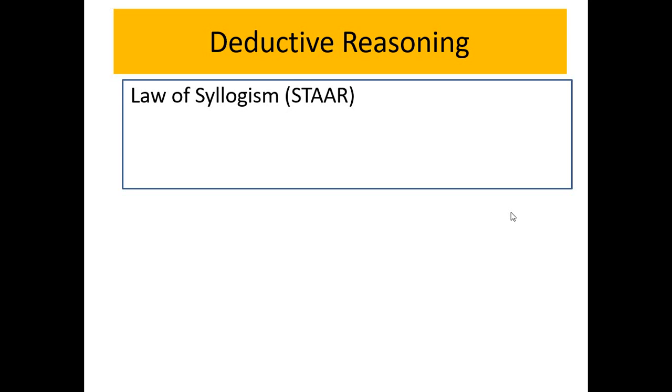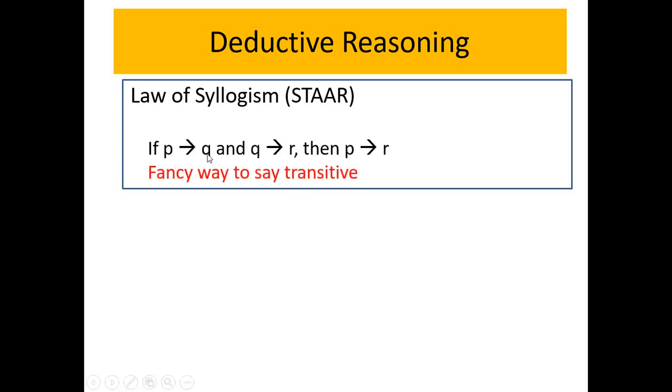So what about first and third? They have to be the same. Okay? So if P then Q, and then Q then R, then P then R. Isn't P like the first and this is the last, right? And you got two Q's in the middle here, right? And it's a fancy way to say transitive, and we'll talk about transitive later.